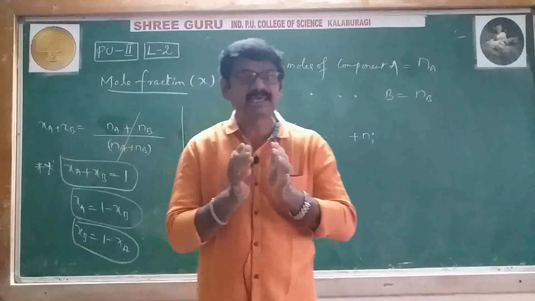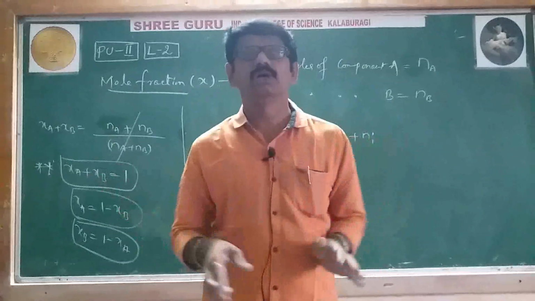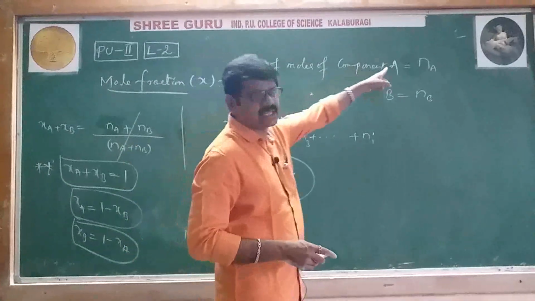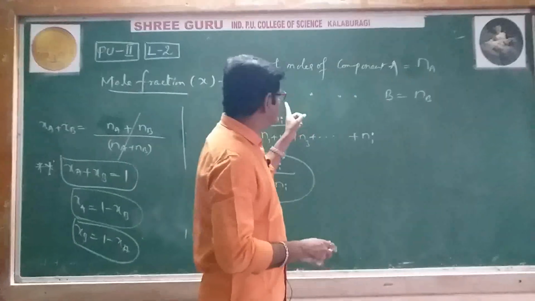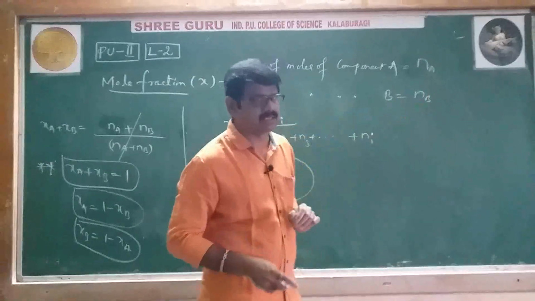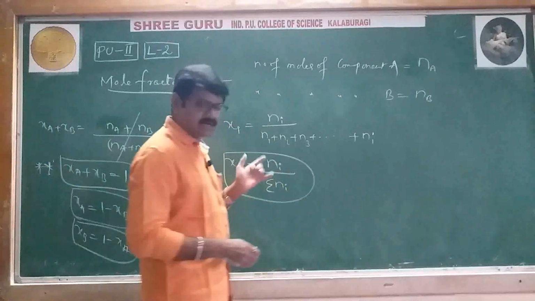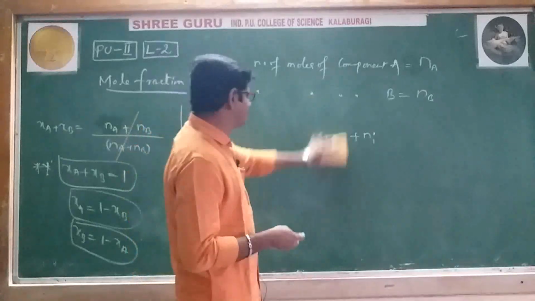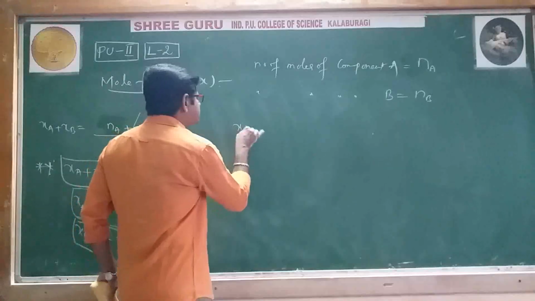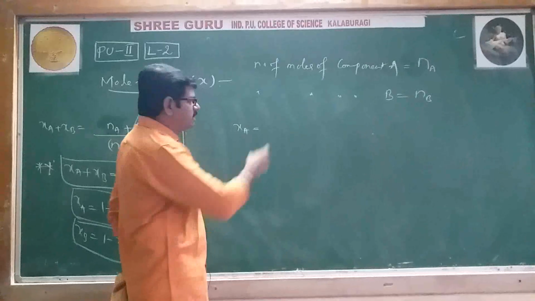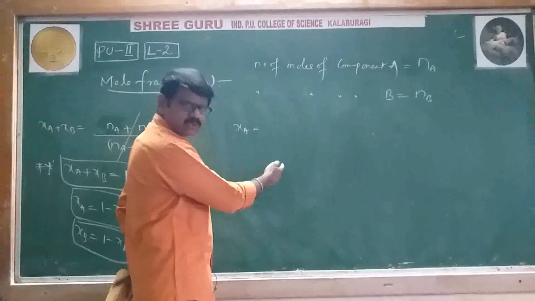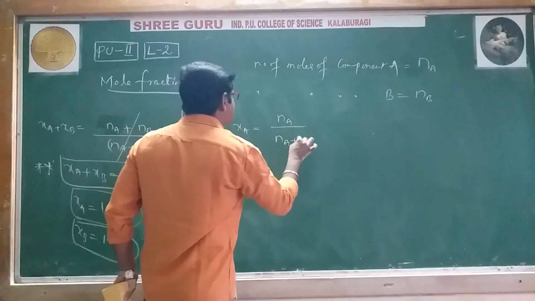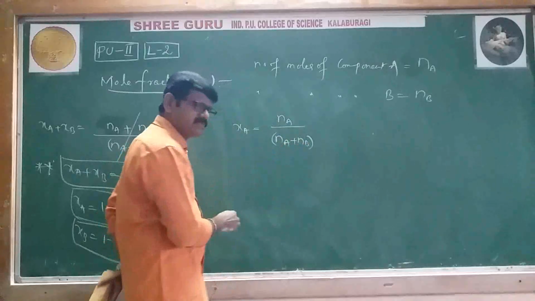Mole fraction is a ratio, so it has no units. Here, let the number of moles of component A be Na and the number of moles of component B be Nb. According to the formula, the mole fraction of A, Xa, is A component moles by total moles: Na by total moles, which is Na plus Nb.